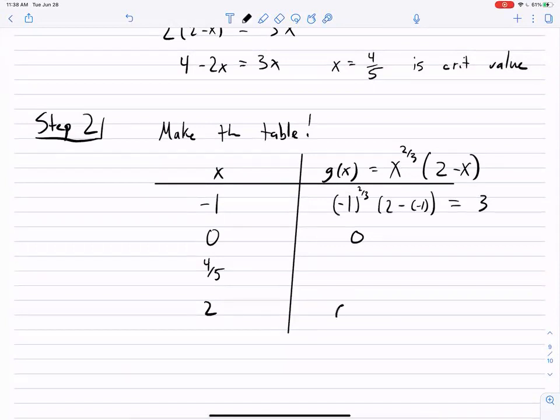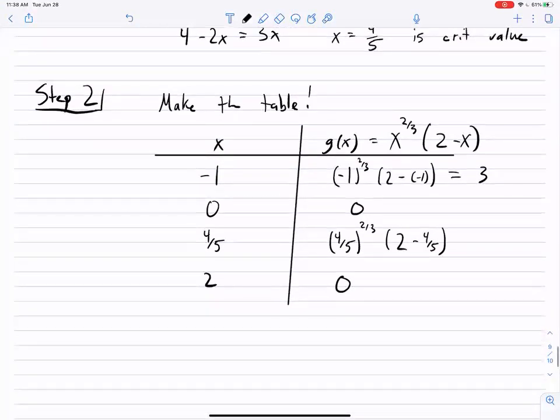If you plug in 2, you get 0. If you plug in 4/5 to the 2/3 power, and then times 2 minus 4/5, I'd have to plug that into a calculator to know exactly what that is.